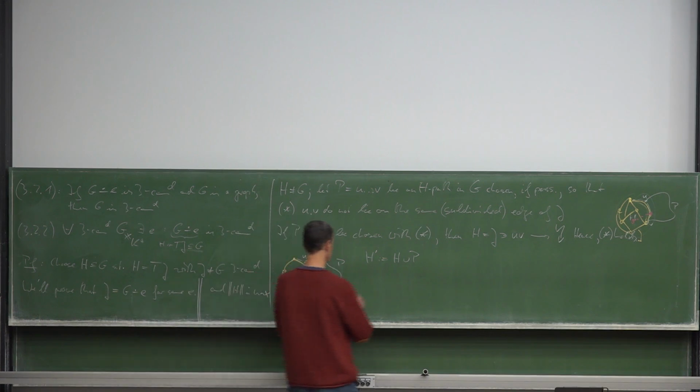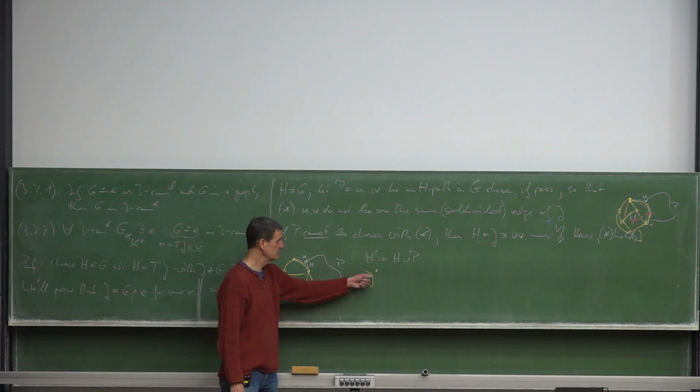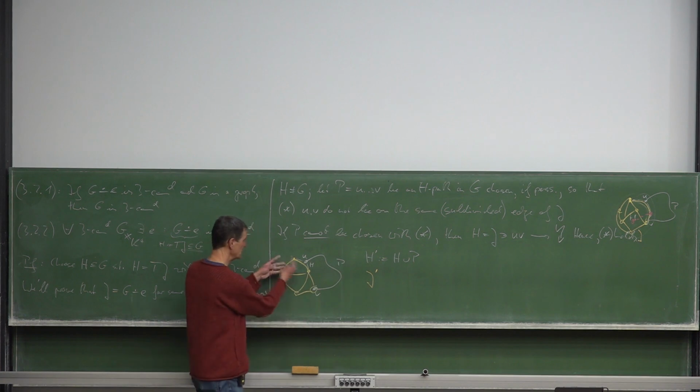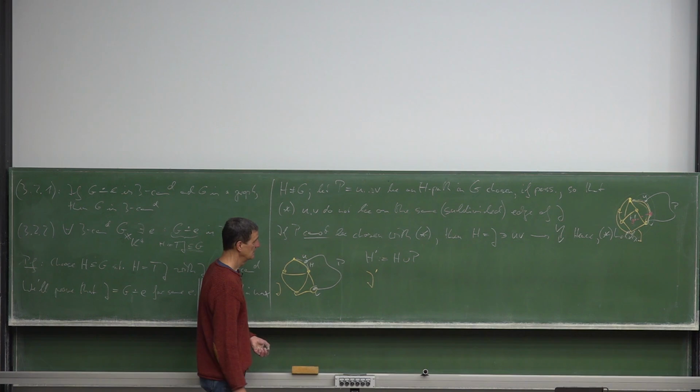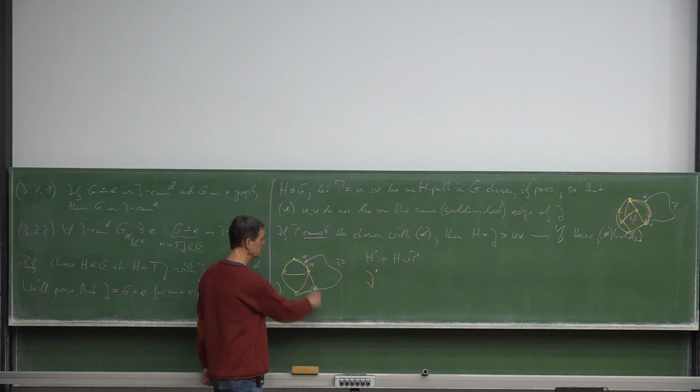And then we can look at the corresponding H prime. So J prime. So J prime is what we get from H prime by suppressing the vertices of degree 2. Then we basically get J back. But we get an additional edge, UV.